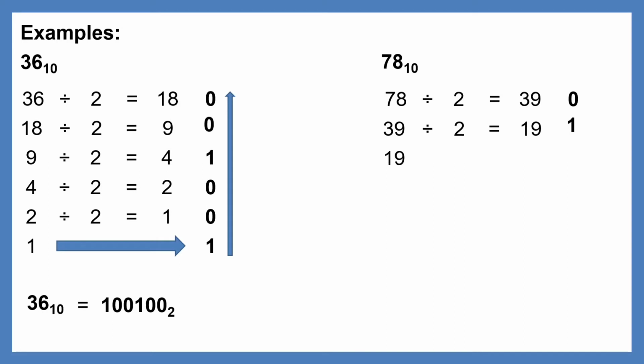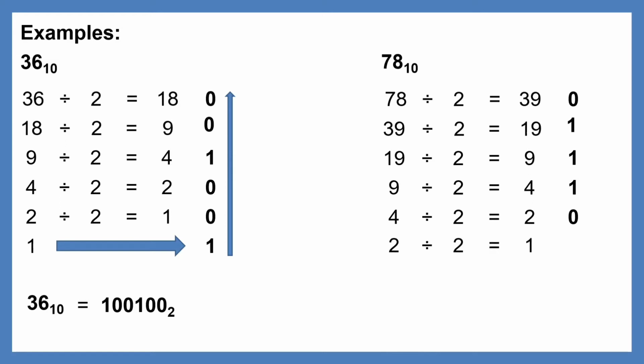Next, 19 divided by 2 is equal to 9, remainder 1. Then 9 divided by 2 is equal to 4, remainder 1. Then 4 divided by 2 is equal to 2, remainder 0. Then 2 divided by 2 is equal to 1, remainder 0.